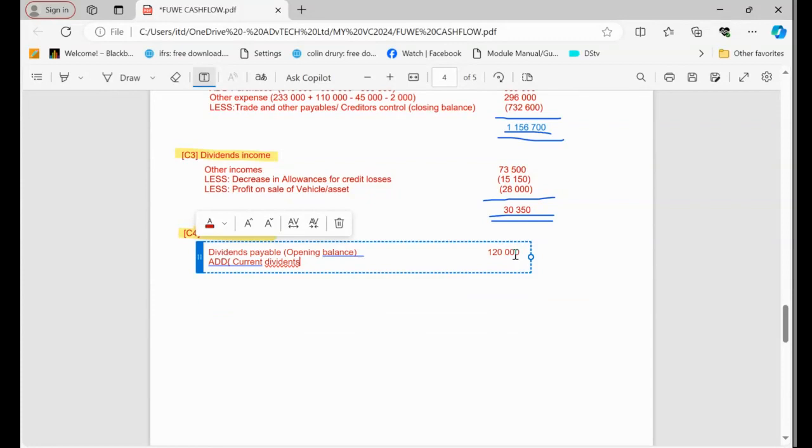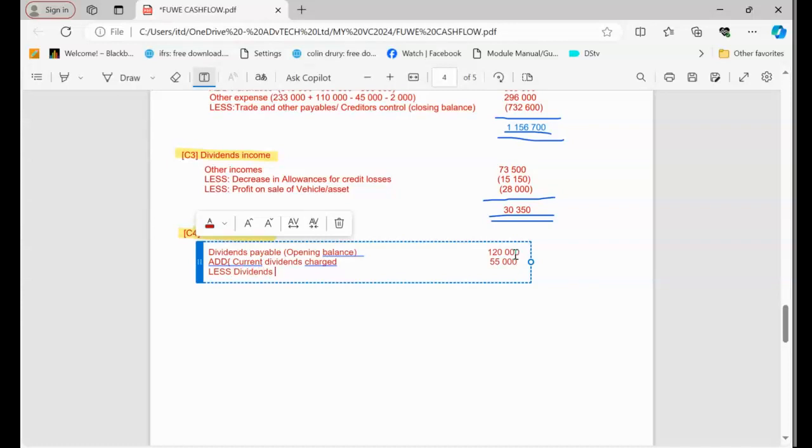You can also just say current dividends, or maybe the current dividends charged. And then they are how much? 55,000. Can you see now?